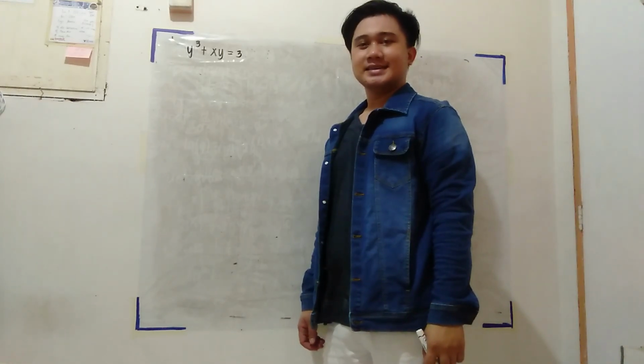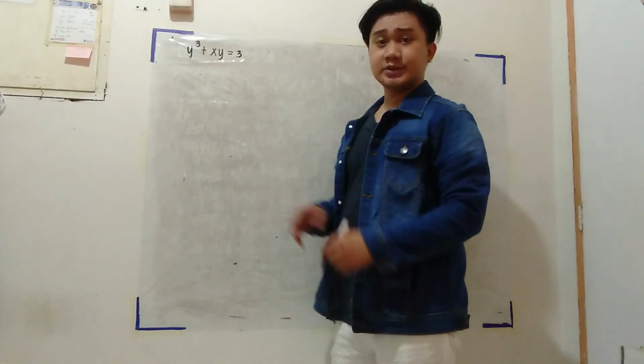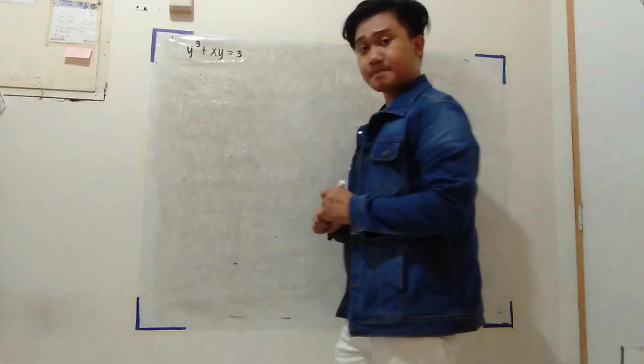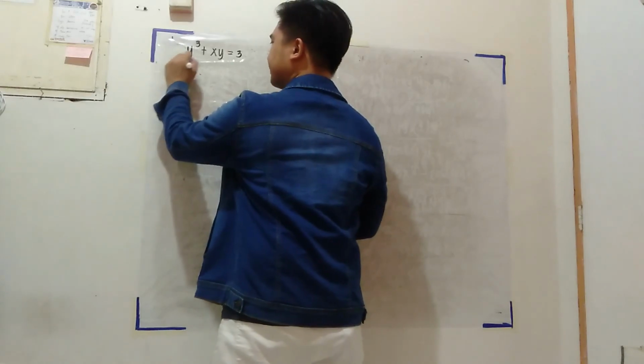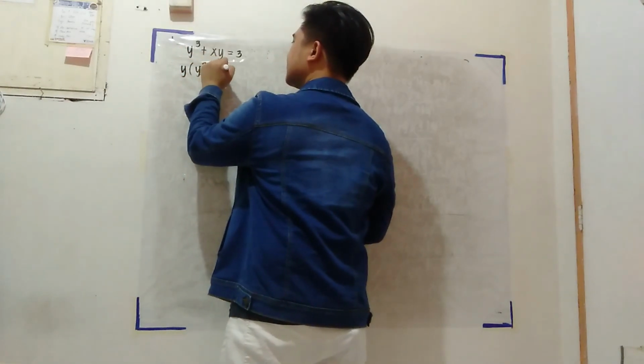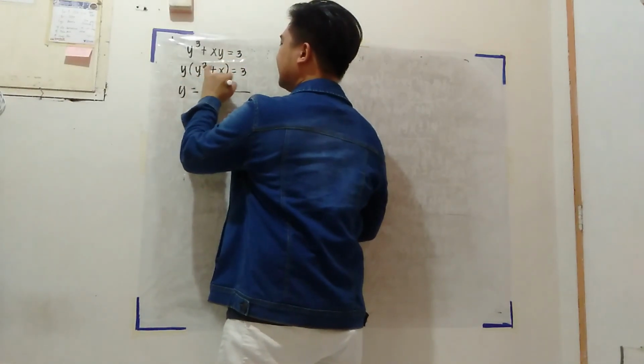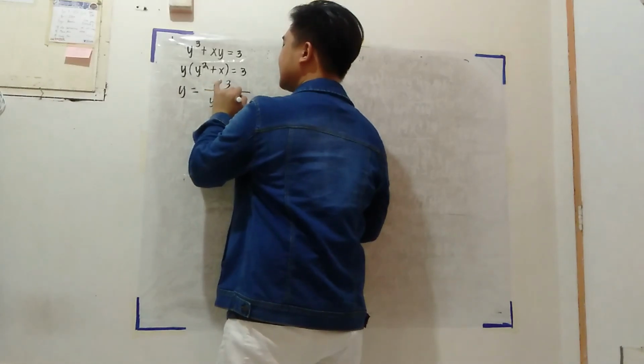Hello guys, so let us have our first example. Looking at this equation, try ko i-factor out si y. Magkakaroon ako ng y squared plus x equals 3, so y is equal to 3 all over y squared plus x.